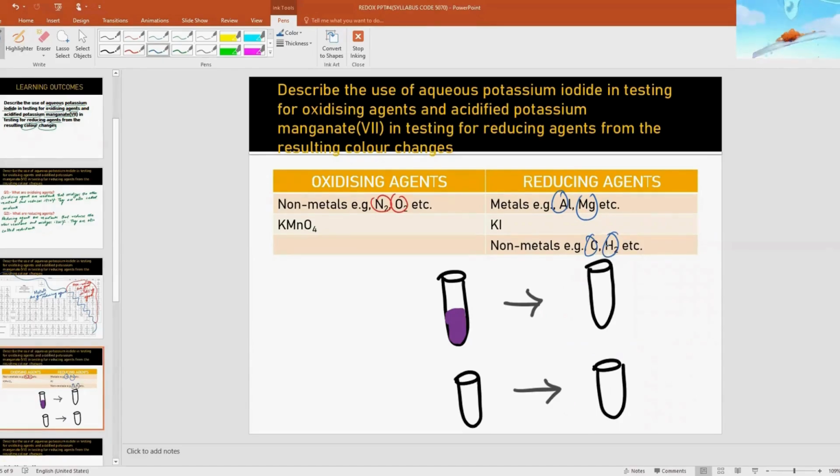But in your syllabus, KMnO4, which is acidified potassium manganate(VII), is included among the list of oxidizing agents. This is KMnO4. The color of potassium manganate is purple or pink.